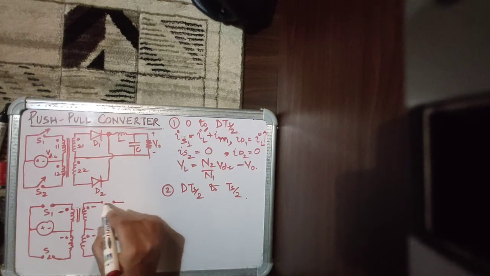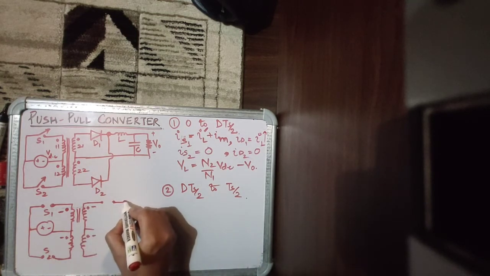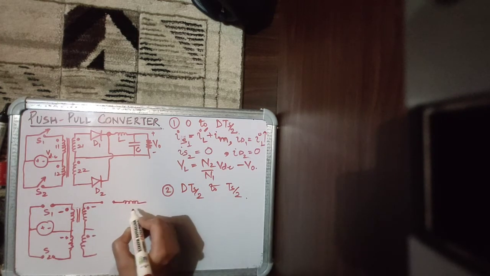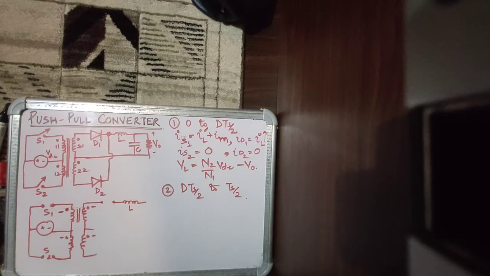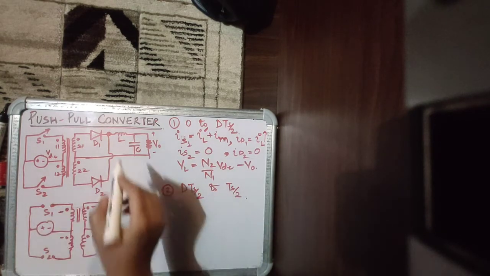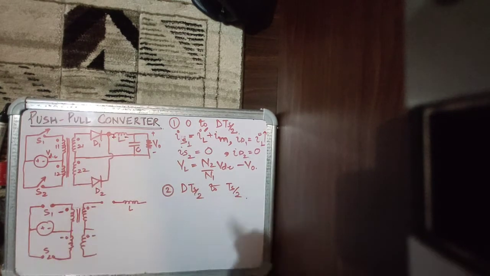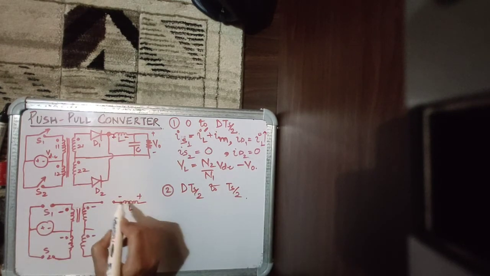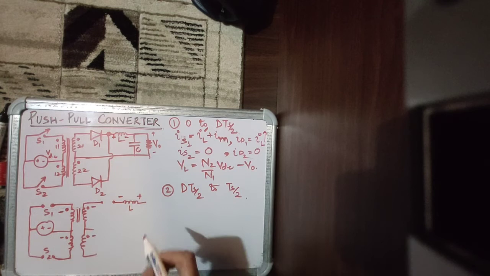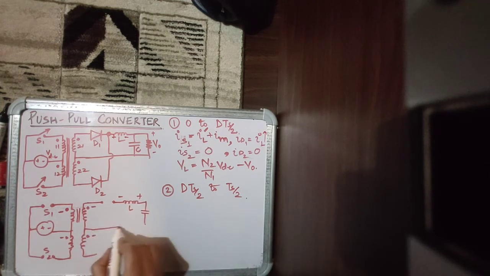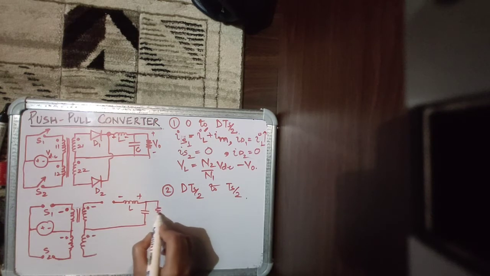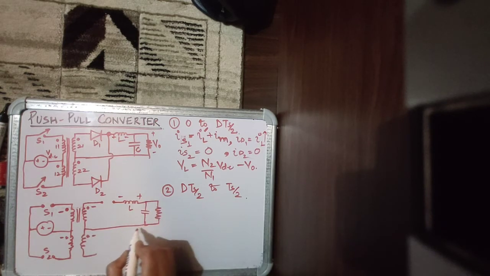And because this diode D1 is reverse biased, it looks like the current through this inductor, which was previously storing energy, has been interrupted, as a result of which the inductor voltage, which had previously developed like this, will reverse its polarity. And while reversing its polarity, it will forward bias, let's see what.